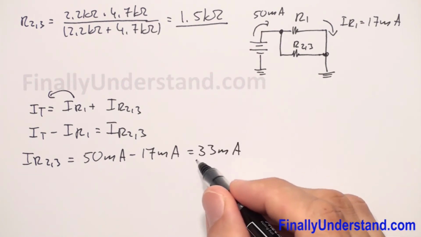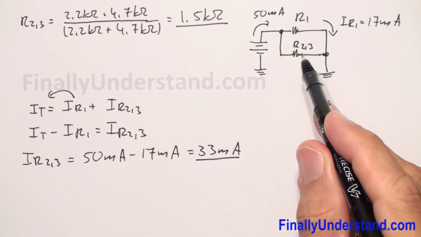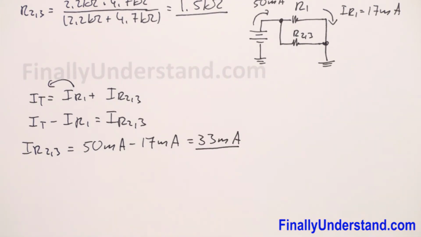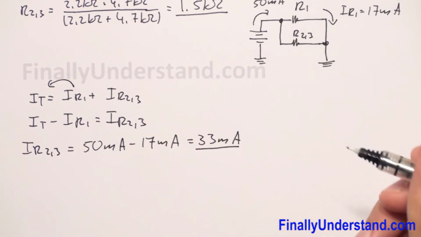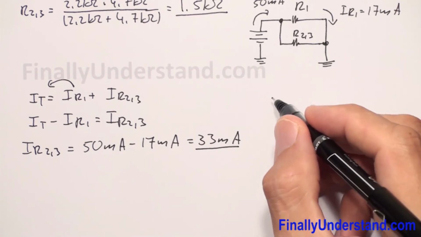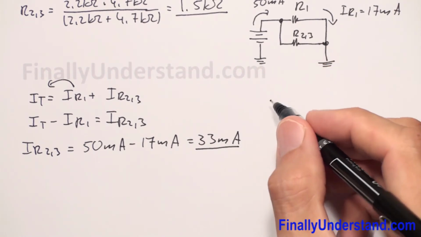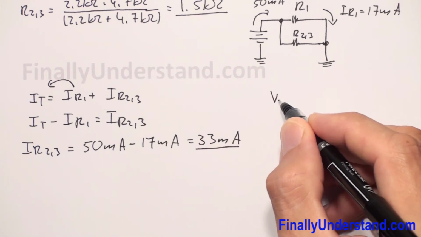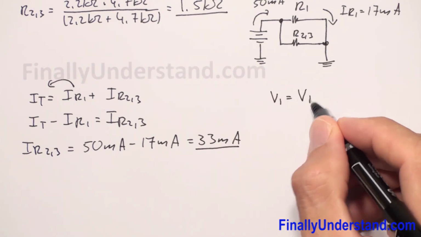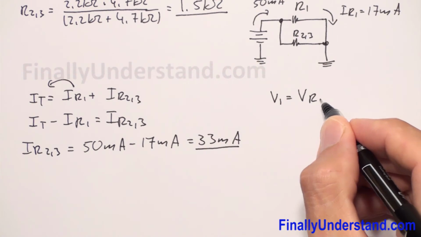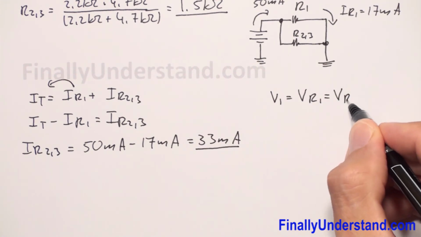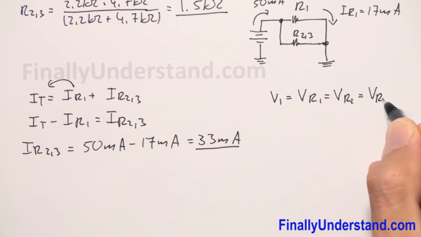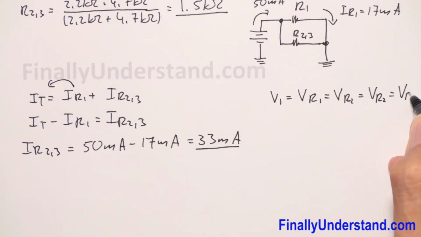Okay, when we have 33 milliamps going through the resistor R23, we simply have to find the resistance. But someone is going to say, but what about the voltage? Keep in mind that in a parallel circuit, let me repeat myself one more time, the voltage source, which is V1, is equal to VR1, this is also equal to VR2, this is also equal to VR3, and this is also equal to VR23.